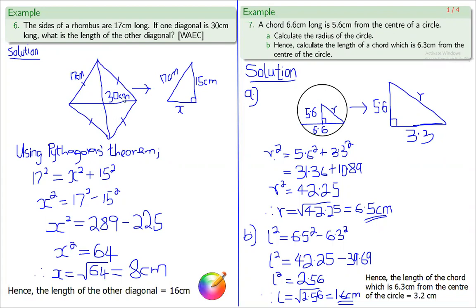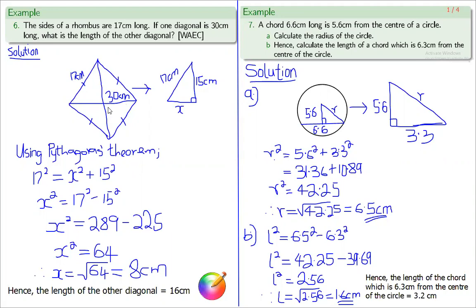Now recall that while we were discussing geometry, we looked at some properties of a rhombus, and one of the properties that will come in handy in solving this problem is that the diagonals of the rhombus bisect each other at 90 degrees.